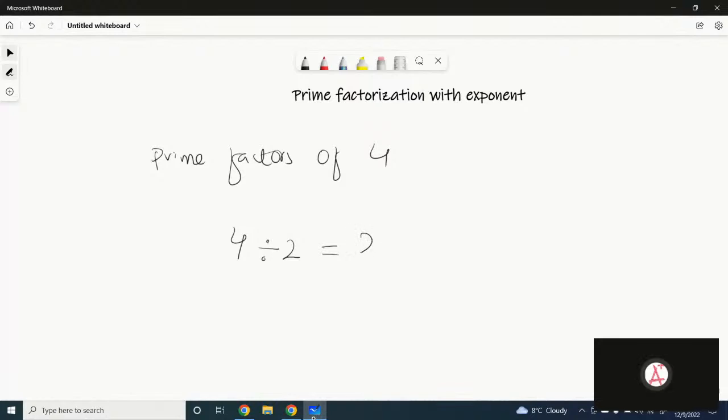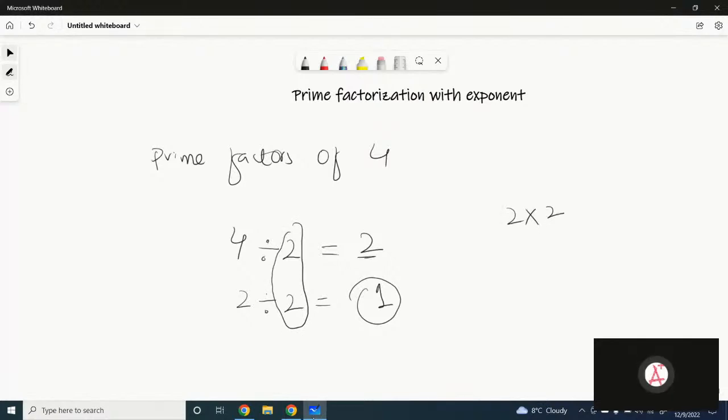Now you have to again divide this 2 by the smallest prime number, that is 2. 2 divided by 2 is 1. You have to divide by the prime numbers again and again until you get the answer 1.